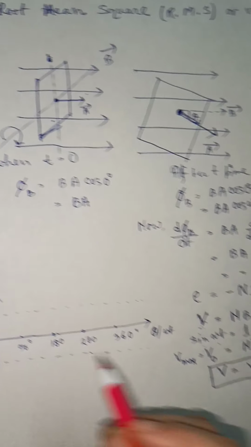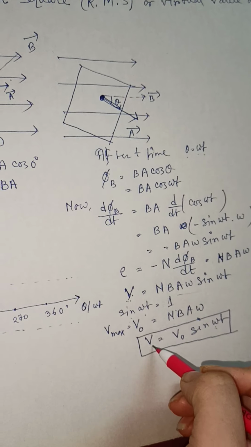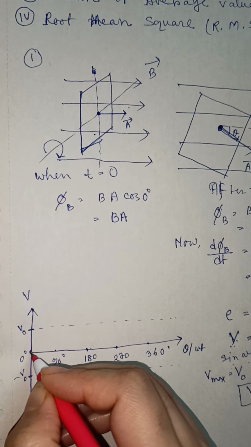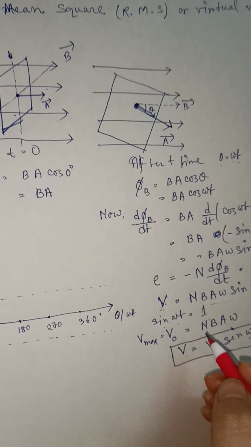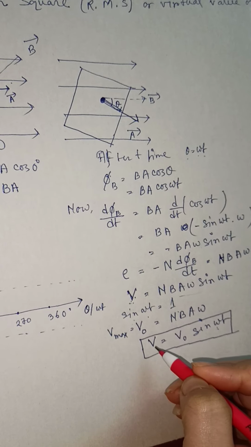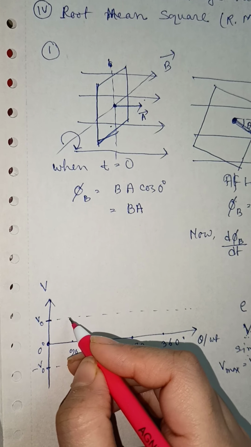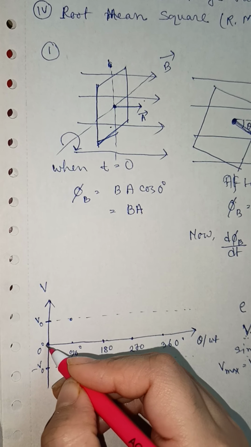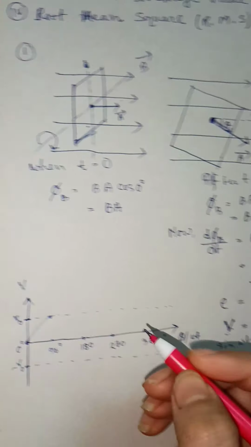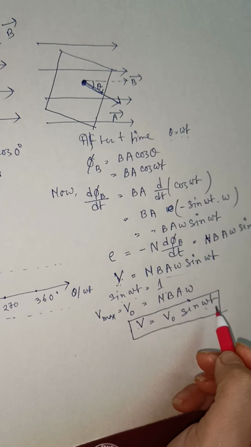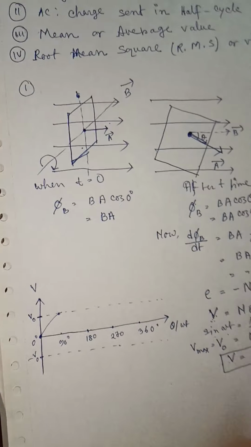Now when theta equals 0 degree, then V will also be 0. When theta equals 90 degree, then V is maximum, which is V naught. When theta equals 180 degree, then again V will be 0, right?